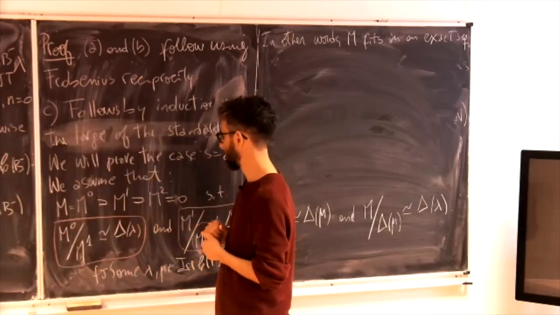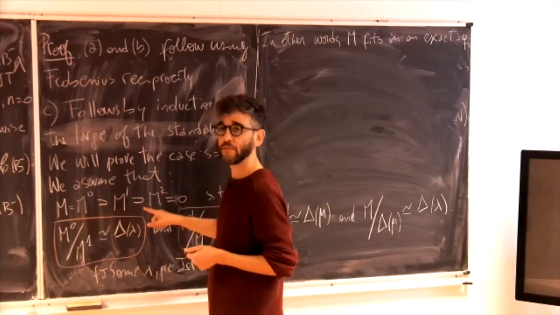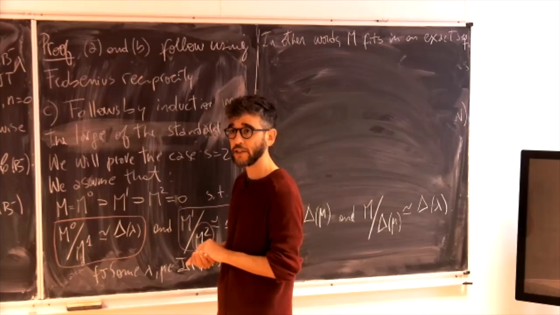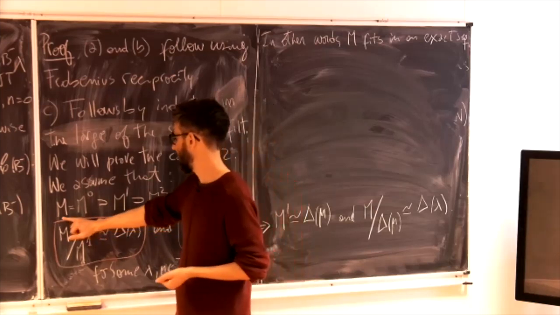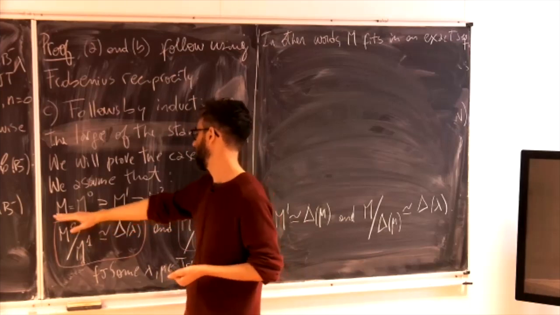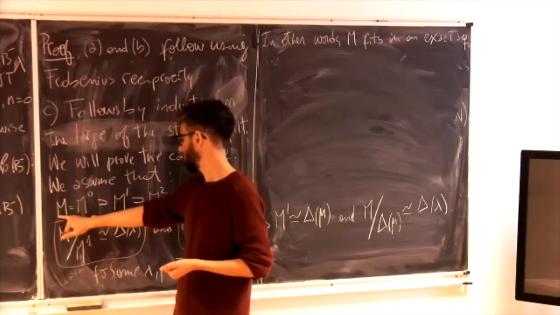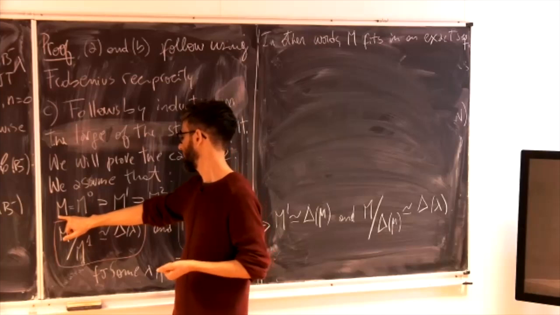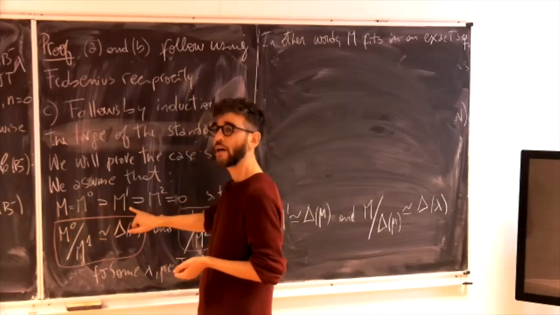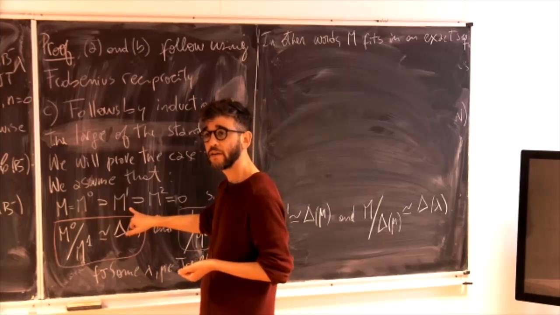We are assuming that M admits a standard filtration, and the definition of the standard filtration is that M has a filtration by submodules. That means that we have M equal to M0, which contains a submodule M1.